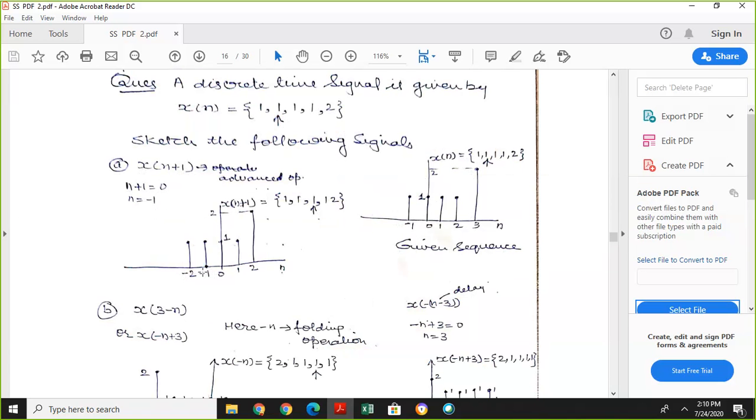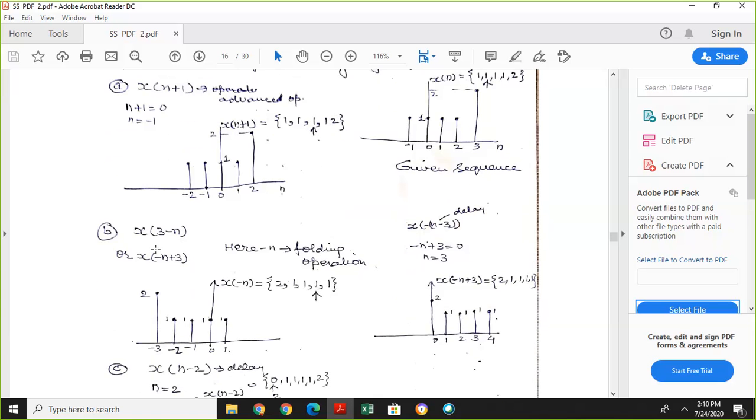So this original signal is shifted in this form, and this is represented by x of n plus 1. Here the arrow is shifted, because in this case when n is 0, the magnitude is 1, when n is 1, the magnitude is 1, and when n is 2, the magnitude is 2. So the arrow is here.